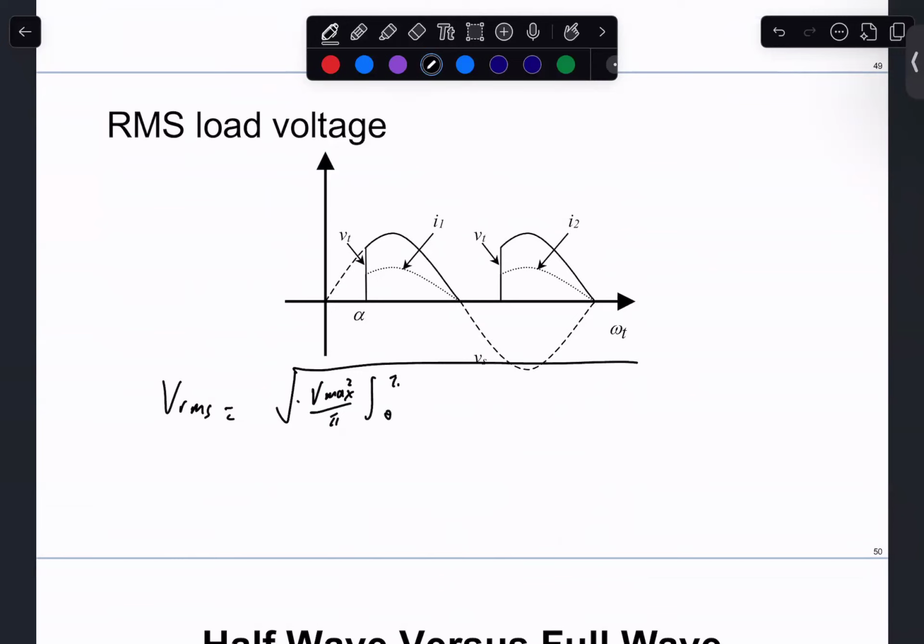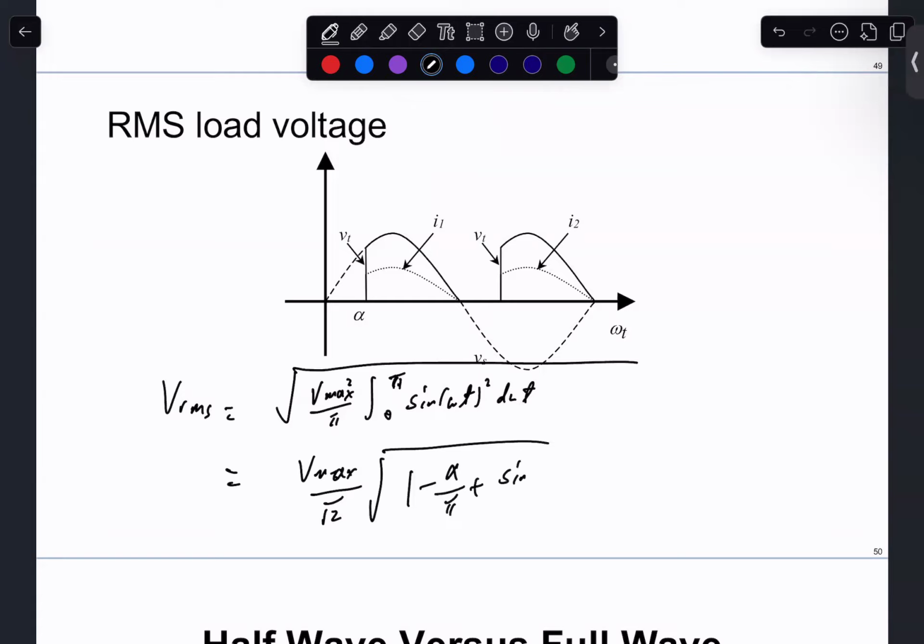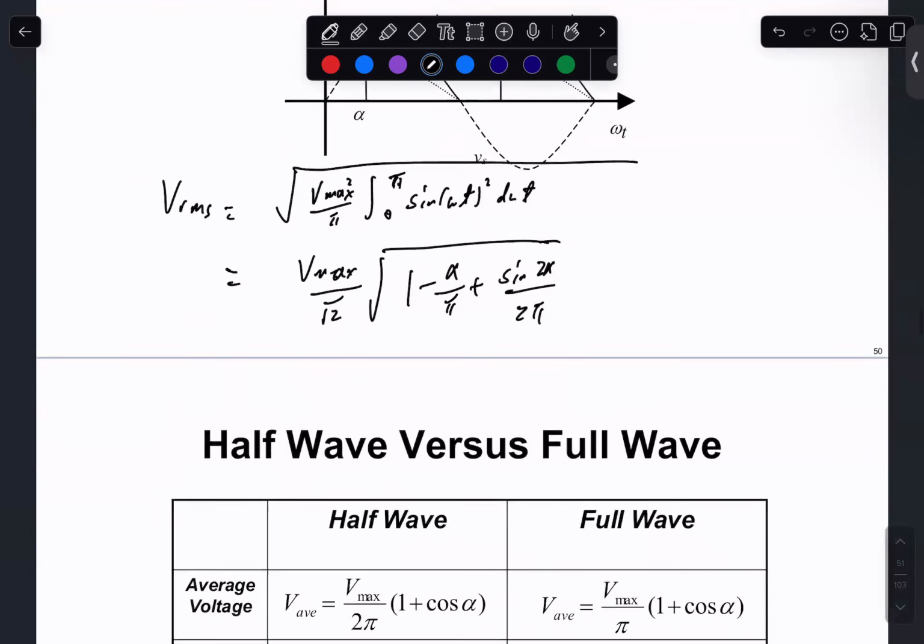This is just 2 times this, over pi, sine squared omega t, d omega t. If you do all the calculation, this is Vmax times the square root of 2 times the square root of 1 minus alpha over pi plus sine 2 alpha over 2 pi. So this is the RMS voltage.